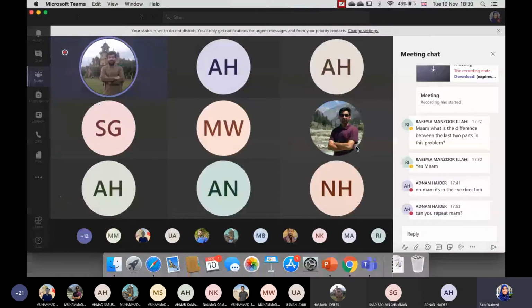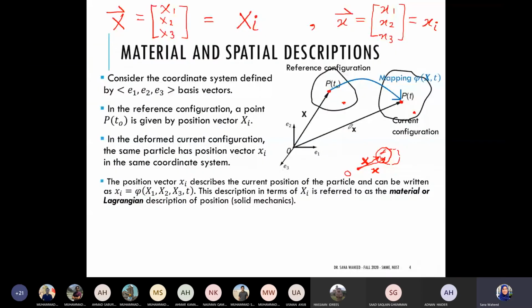Yes, ma'am, it's okay. Okay, so let me come back to my small and capital X again. My point was that I've described this mapping which takes it from the original reference configuration to my current configuration.